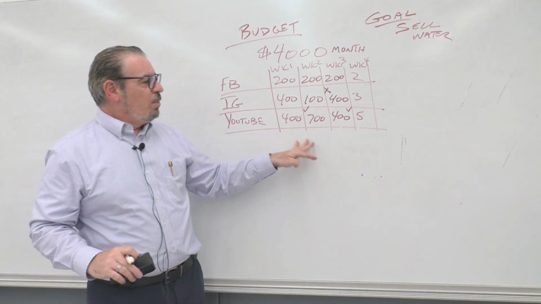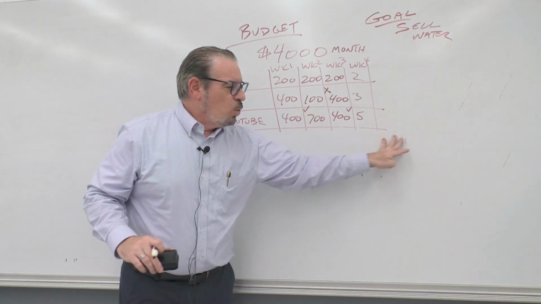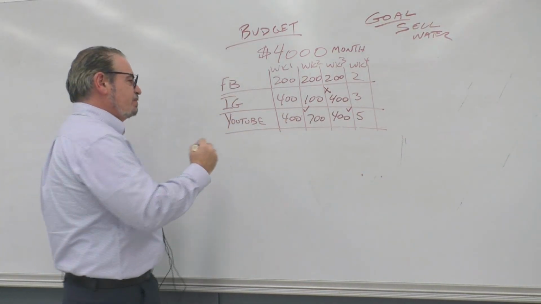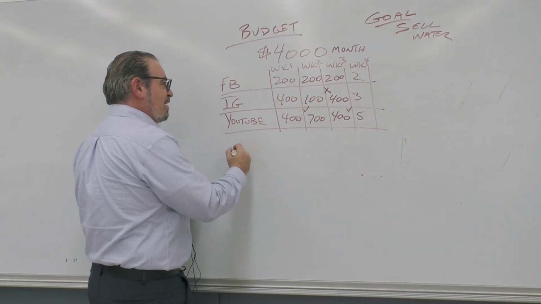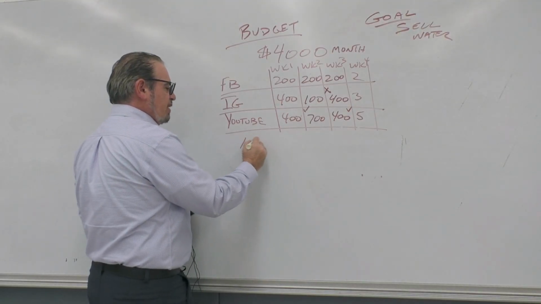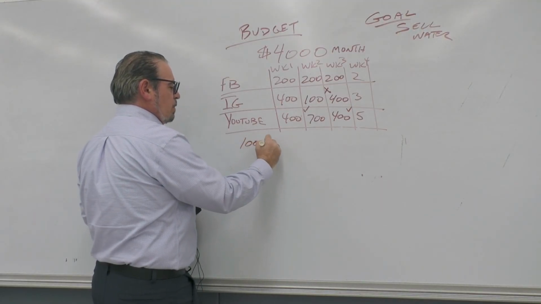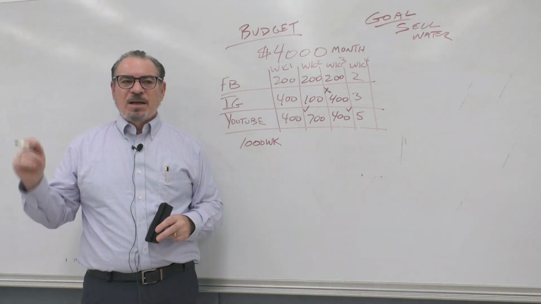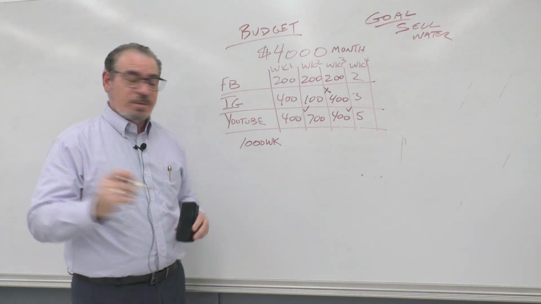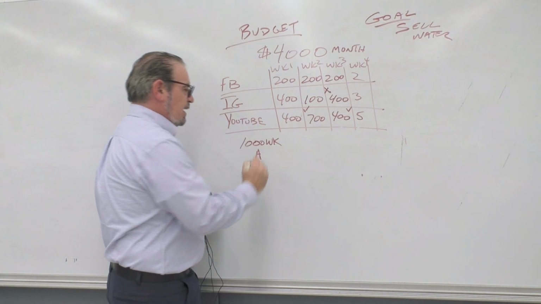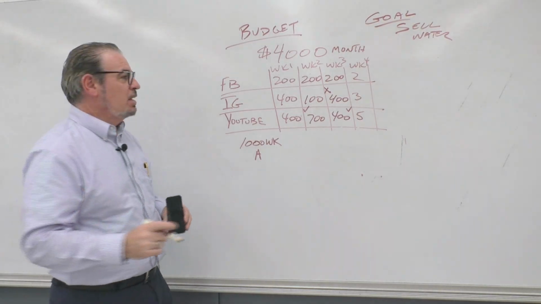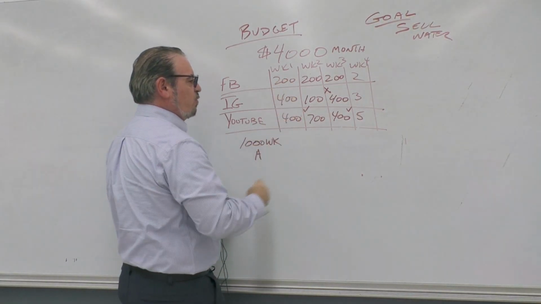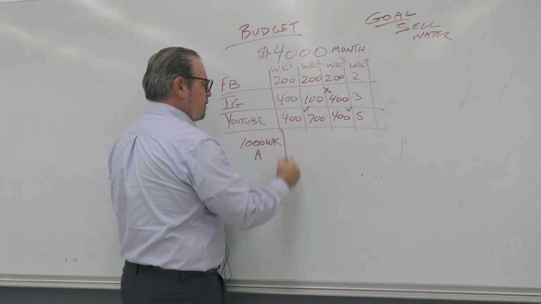Okay? But what if we did a different scenario? Let's say I have $1,000 to spend a week, right? And I created Ad A. And for Ad A, I spent the same, 244, week 1.